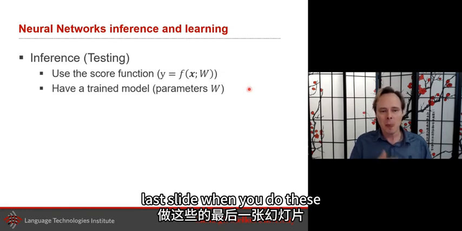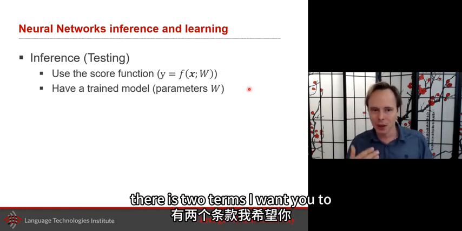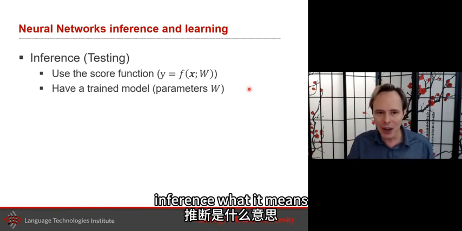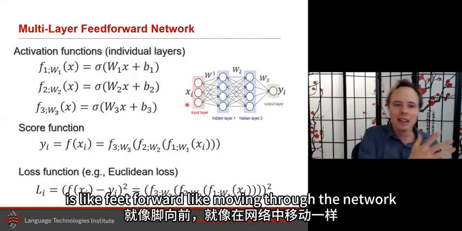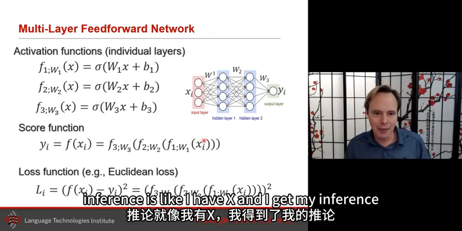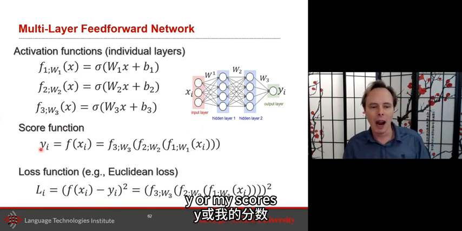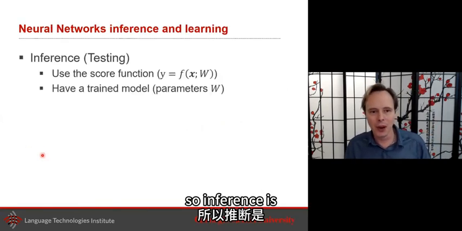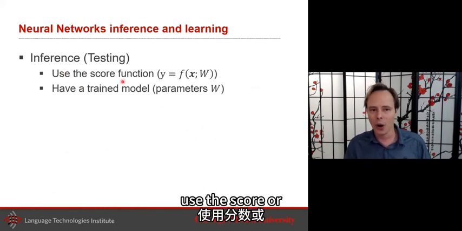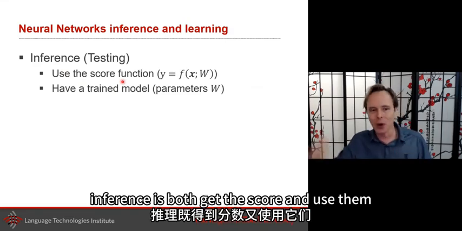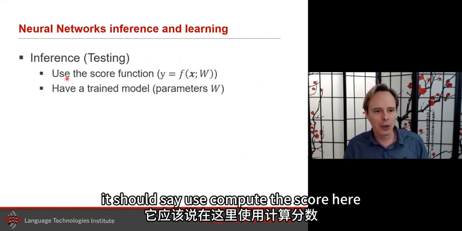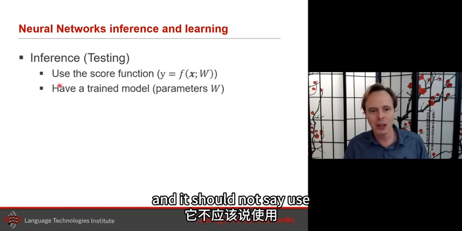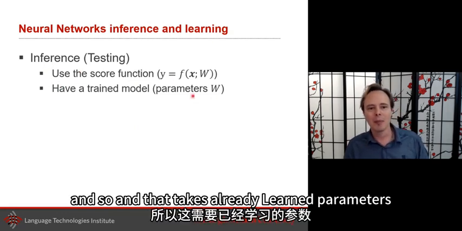When you do these, there are 2 terms I want you to know. One is inference. Inference means feed forward, moving through the network: I have X and I get my inference Y, or my scores. So inference is to compute the scores, and it takes already learned parameters.